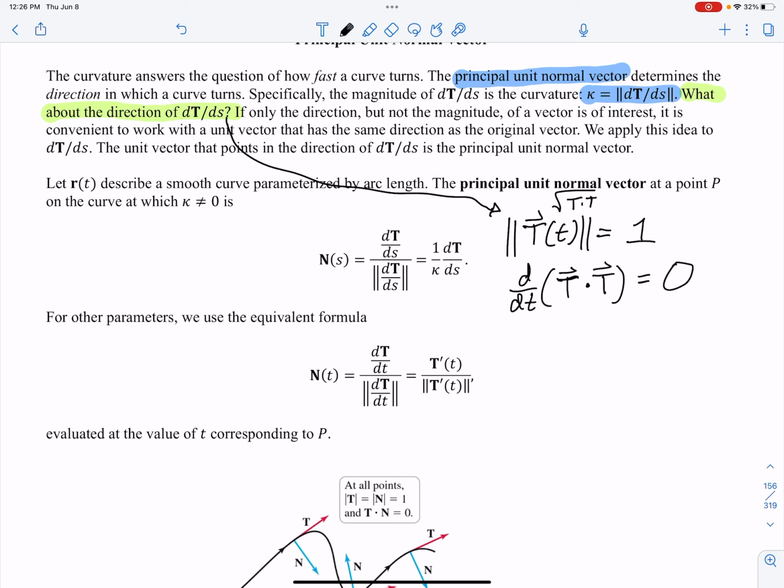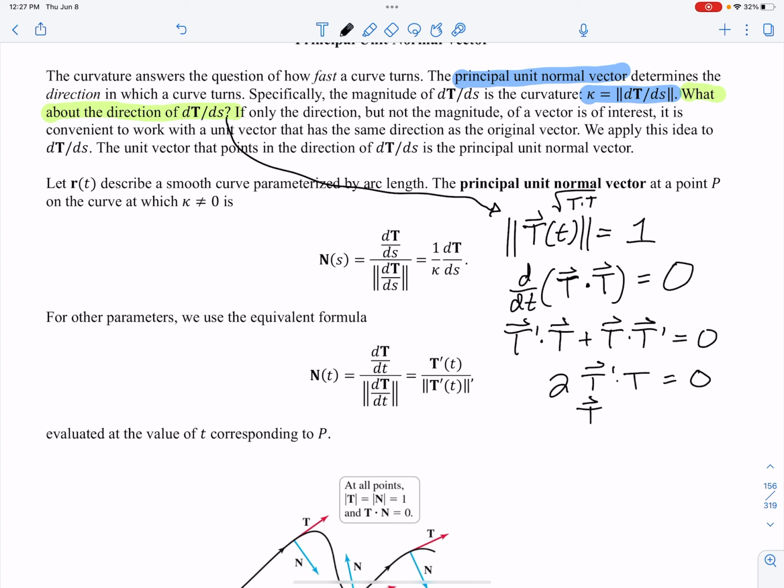But where does that lead us after this? If I do the product rule, I get T prime dot T, and then T dot T prime, equals 0. Well, this is just two of those: 2 T prime dot T equals 0.